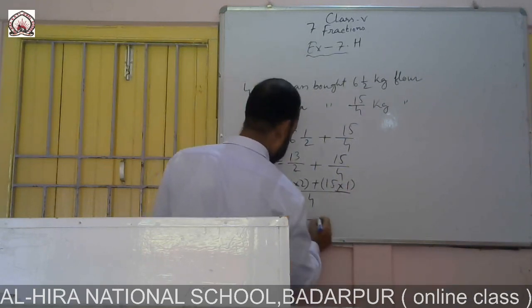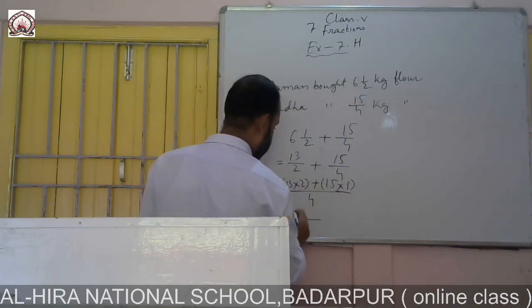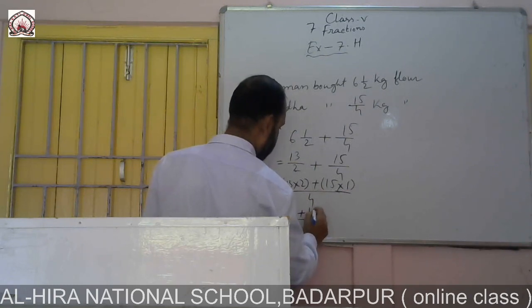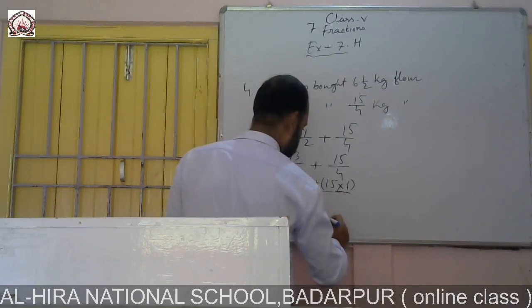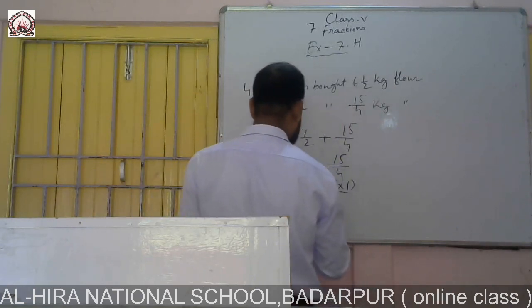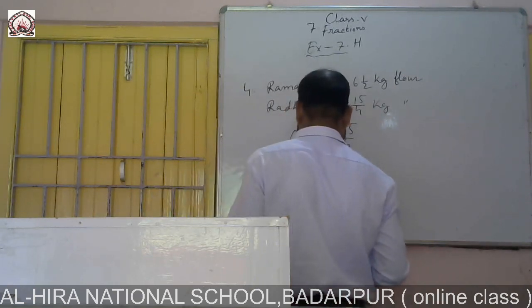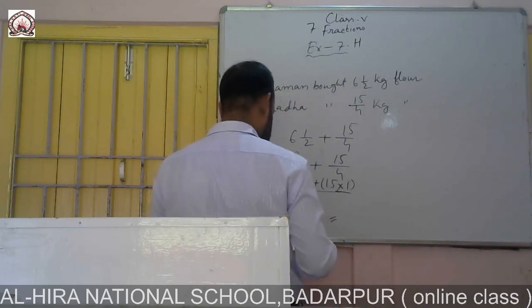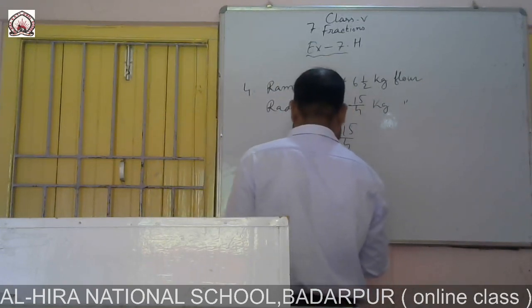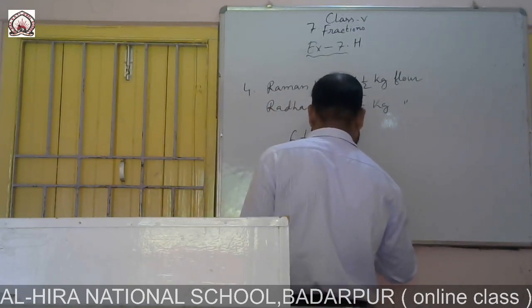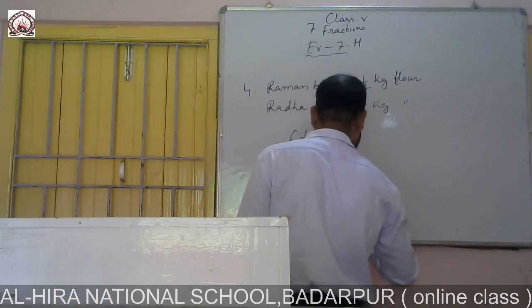Now 26 plus 15 by 4. 26 plus 15 is equal to 41, so 41 by 4.